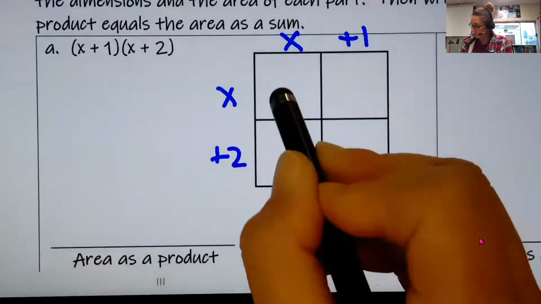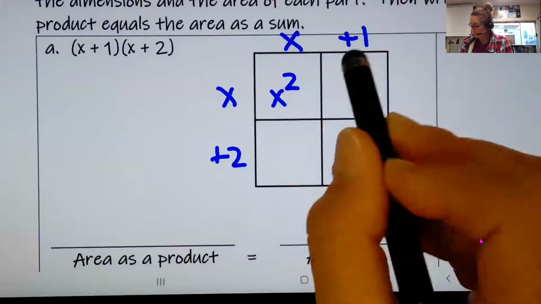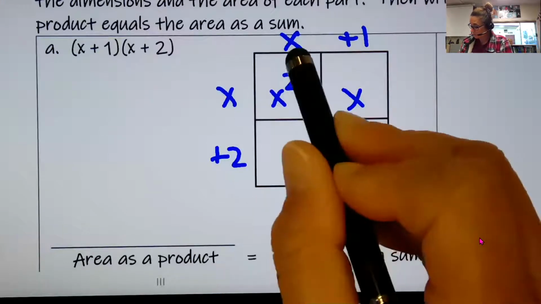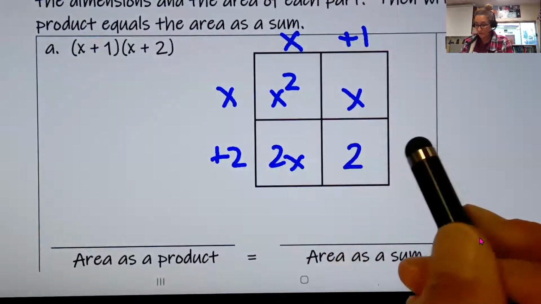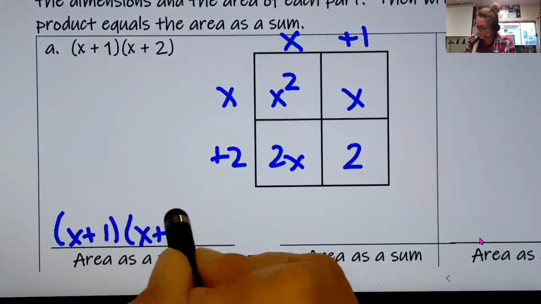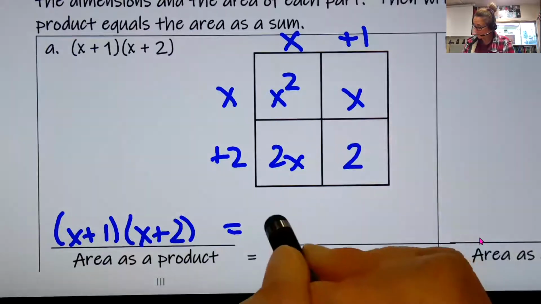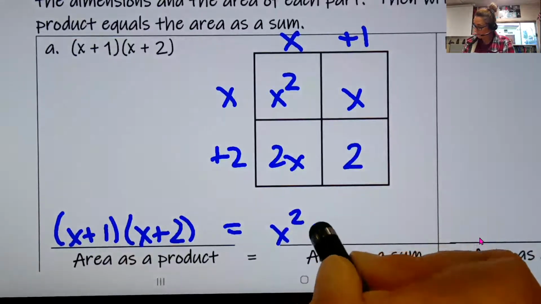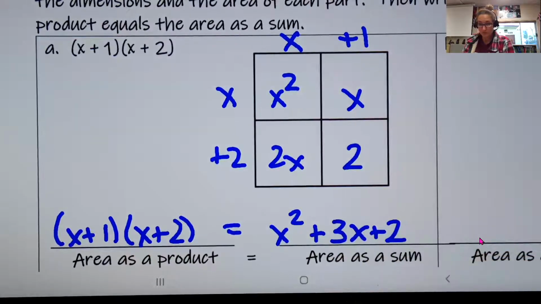And then I multiply. x times x is x squared. x times 1 is x. 2 times x is 2x. And 2 times 1 is 2. So I have x plus 1 times x plus 2 equals, and combining like terms, I get x squared plus 3x plus 2, and that's my answer.